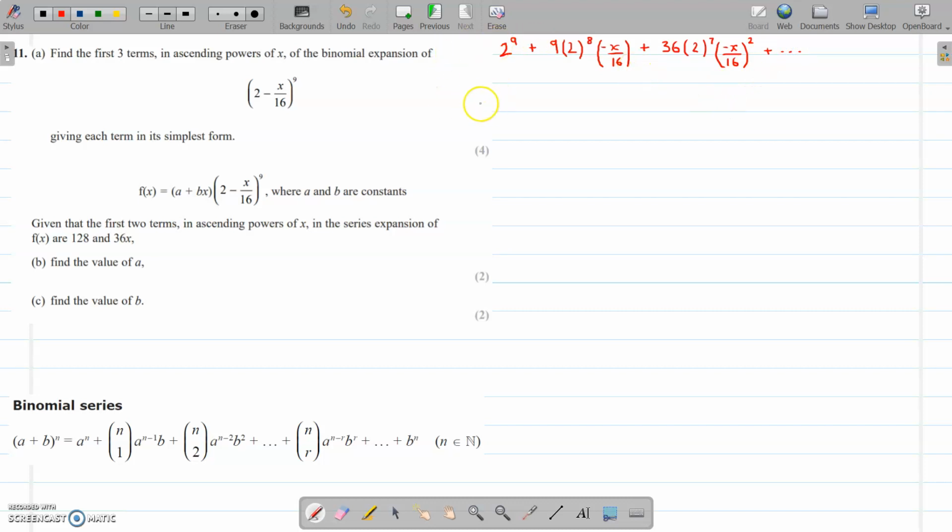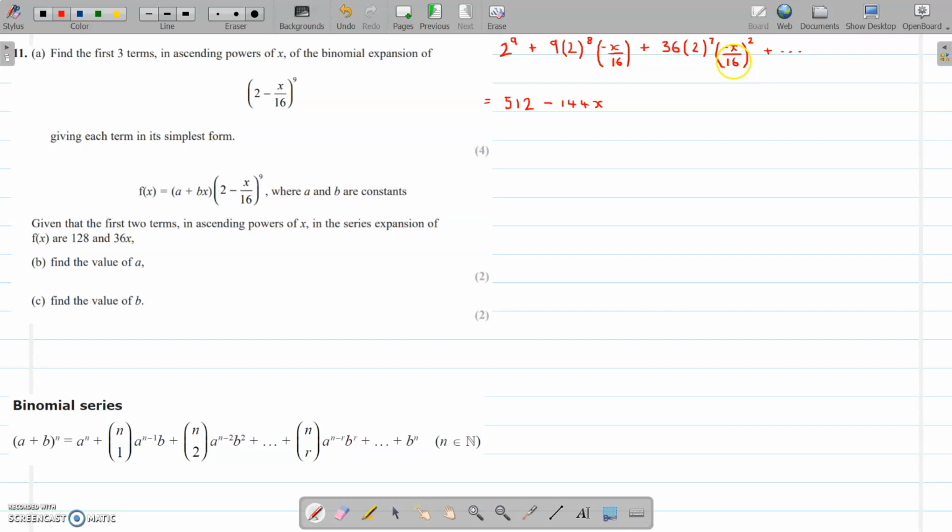Now we just have to tidy this up, and 2 to the 9 is 512. 9 times 2 to the 8 divided by 16 will give me 144, and the minus will give me minus 144x. The last term is made of 36 times 2 to the 7 over 16 squared.